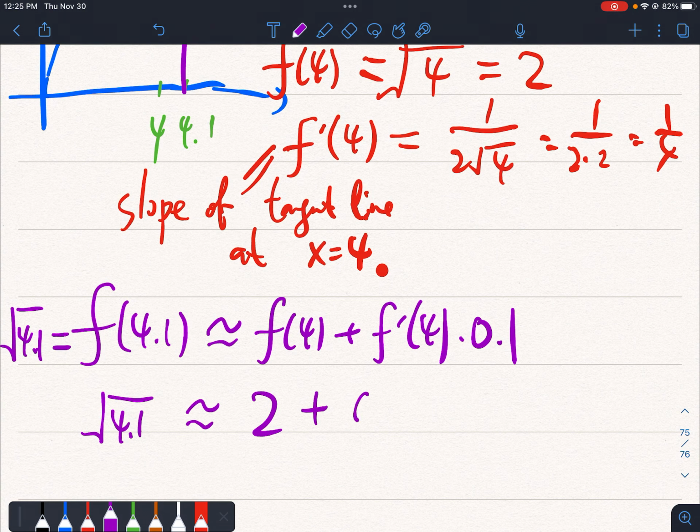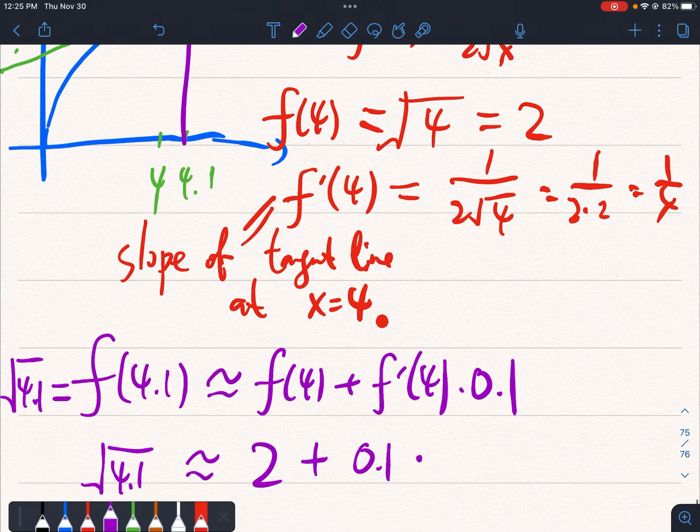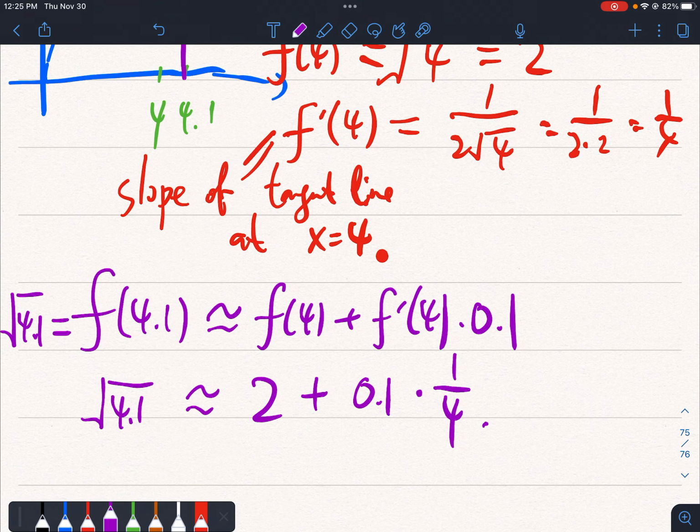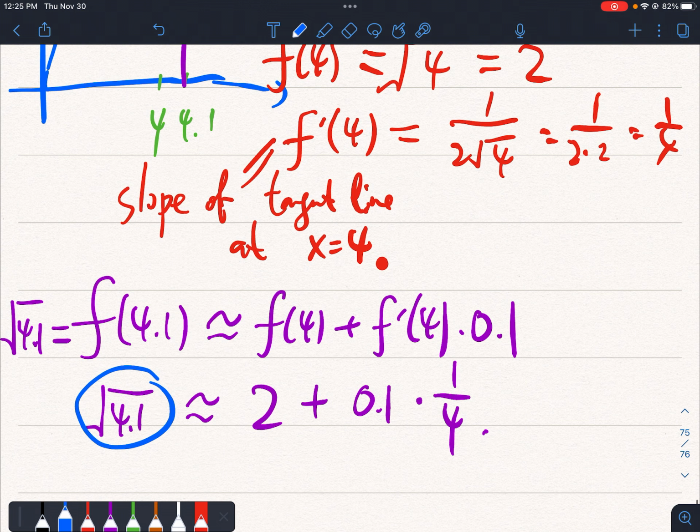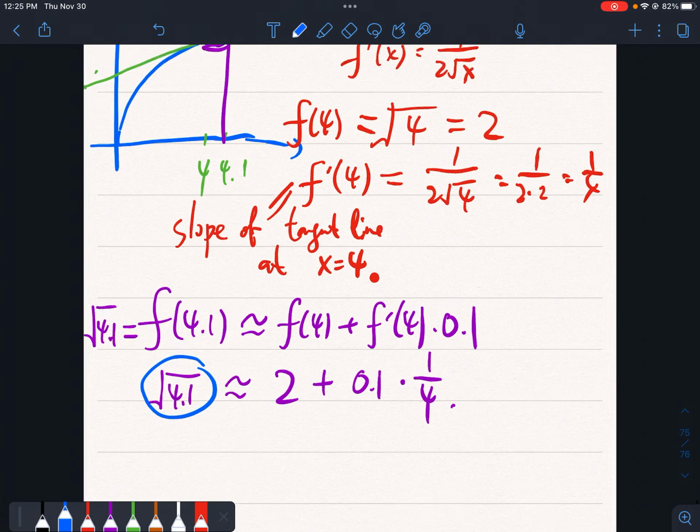If you plug in, the square root of 4.1 is approximately square root of 4, which is 2, plus 0.1 times f prime of 4, which is 1 over 4. So you can see it's very small. You can continue simplifying this expression, and you can check on the calculator that it is very, very close to the real value of the square root, which means the linear approximation is actually a very good approximation.